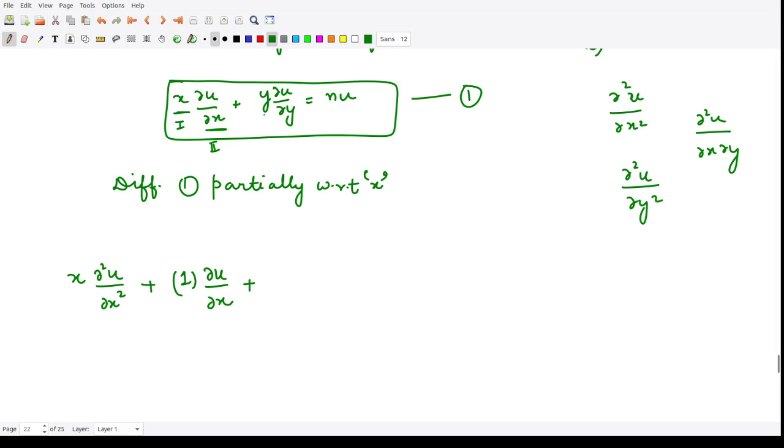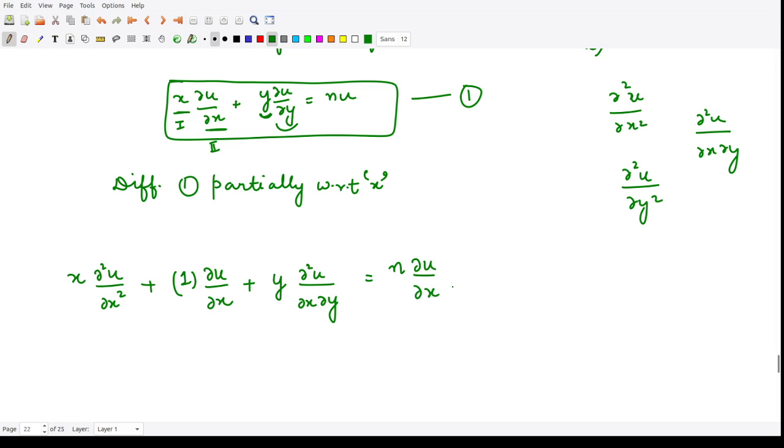And then here y is independent of x, so we can write it as it is because it acts as constant, and the derivative of del u by del y with respect to x would be the double derivative of u, firstly with respect to x and then with respect to y. This is equal to n, because n is constant, so its derivative would not be there, and the derivative of u would be del u by del x.